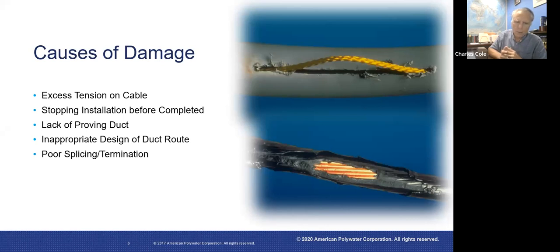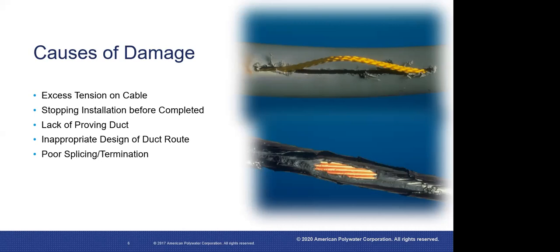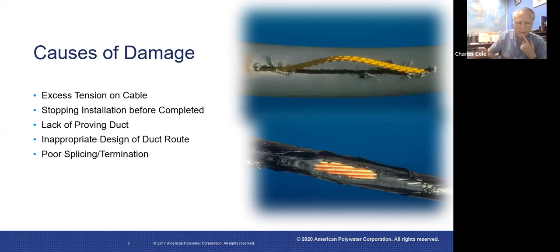That's not so much an issue of cable installation, but I just wanted to mention it because it is important. If you can reduce the number of splices on a cable, then you're reducing the risk of that. And with proper installation techniques and practices, you can reduce the number of splices as well as the number of manholes. Again, we'll talk about that a little later. We'll go to the next slide.